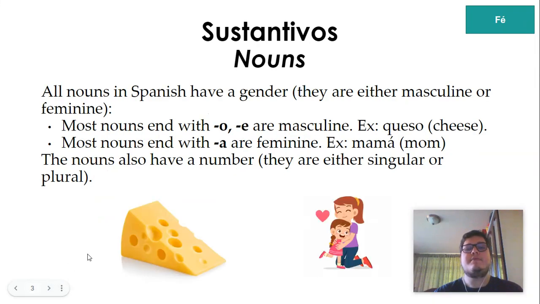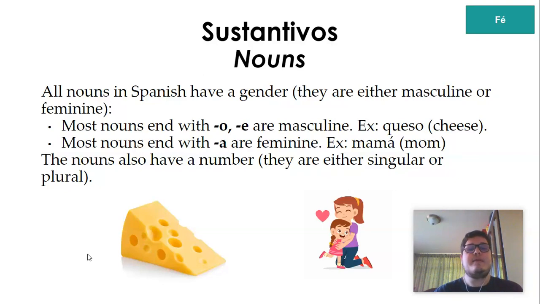The nouns, or sustantivos in Spanish, have a gender, that means they are either masculine or feminine. So most nouns that end with O or E are masculine, for example, the word queso, cheese.